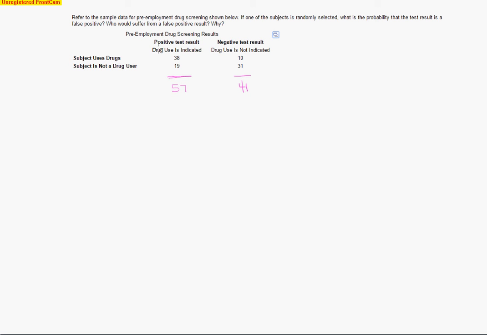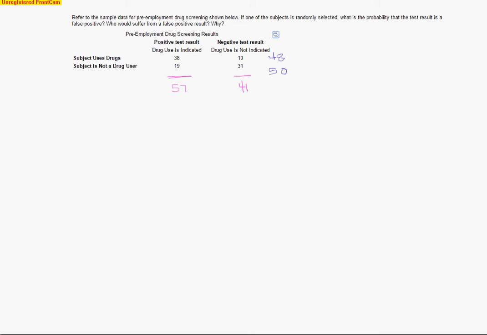Then we have a second row over here of whether or not they're drug users. So we can see from this line that we have 38 plus 10 or 48 people who use drugs, and 19 plus 31, 50 people are not drug users.